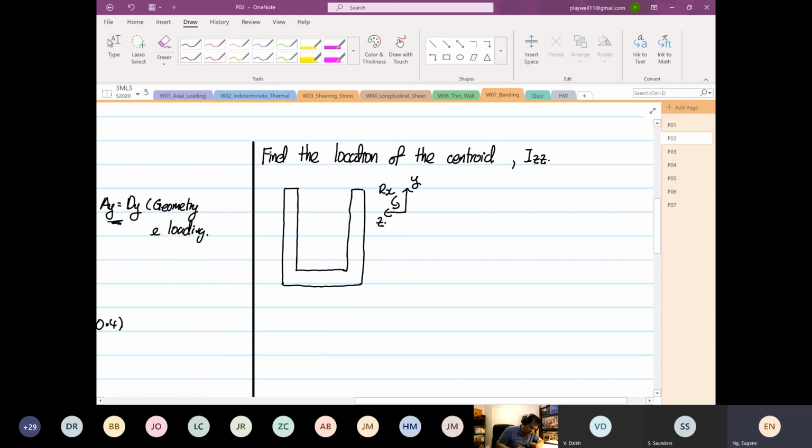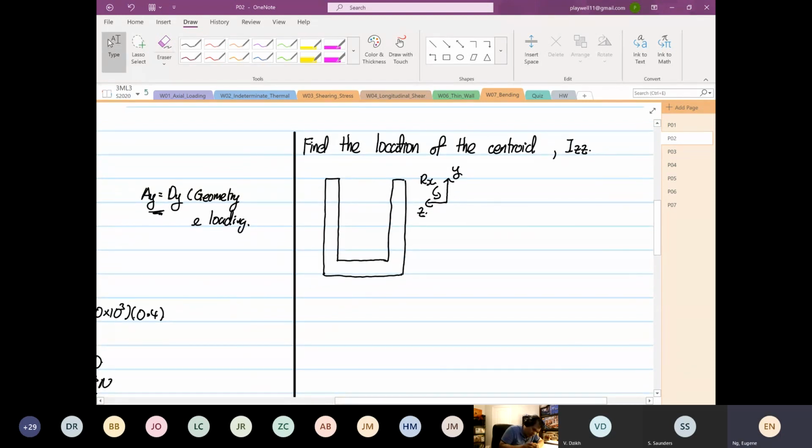So this will be our ZZ axis. This position is the position of our centroid. Exactly where, I don't know. I only know the orientation is that direction.